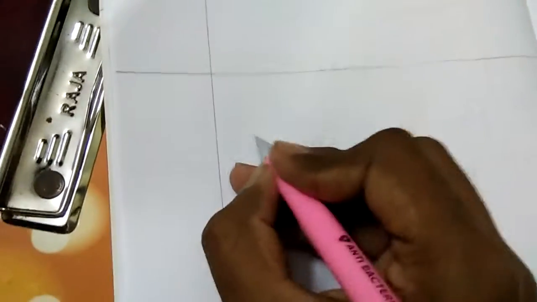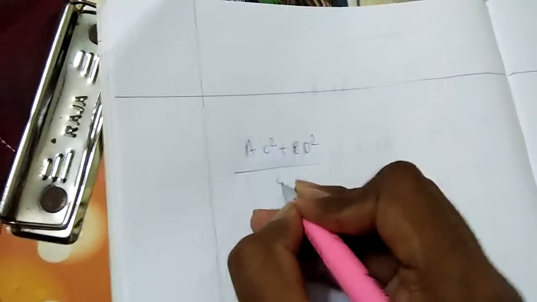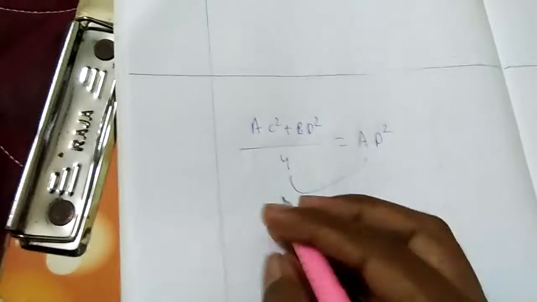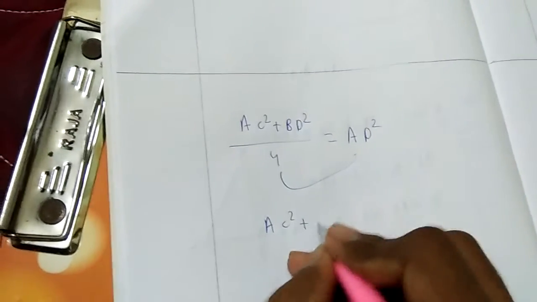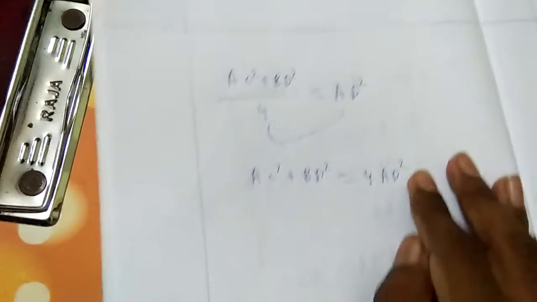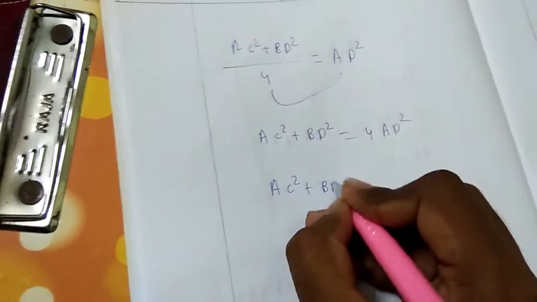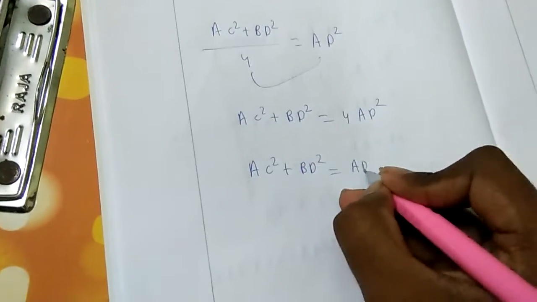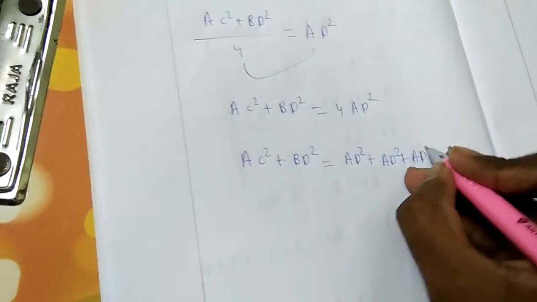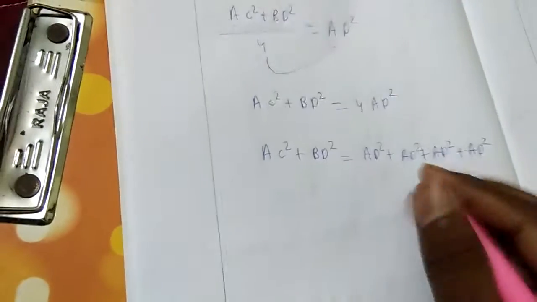Now AC square plus BD square by 4 is equal to AD square. So transposing this 4 to this side, AC square plus BD square is equal to 4 AD square. 4 AD square means, how can we write? AC square plus BD square is equal to AD square plus AD square plus AD square plus AD square.